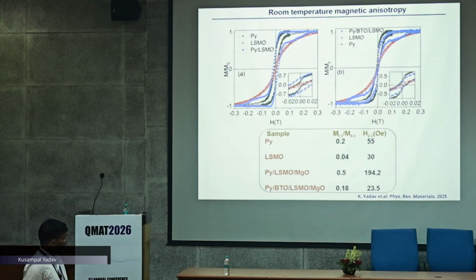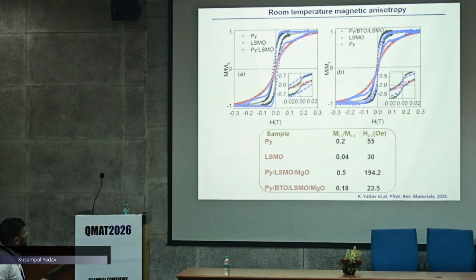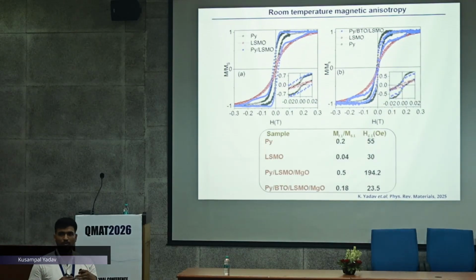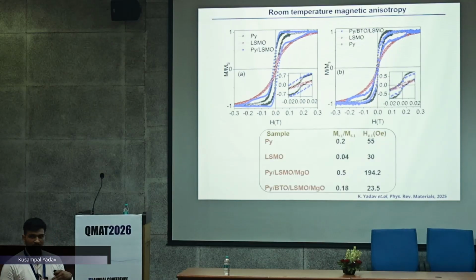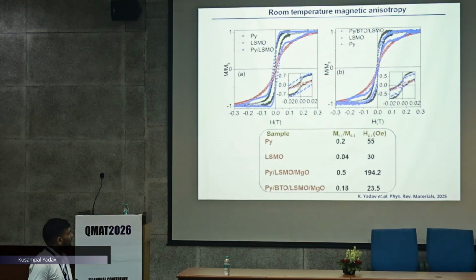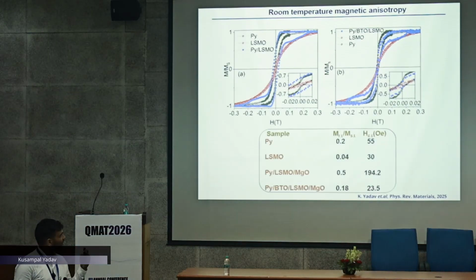Then using the PPMS, we have studied the out-of-plane behavior. Usually when we take two ferromagnetic thin films, there is a high chance that one behaves as a soft ferromagnetic layer and the other as a hard ferromagnetic layer. If there is no magnetic interaction at the interface, the coercive field that we obtain for the heterostructure should be similar to that of the soft ferromagnetic layer.